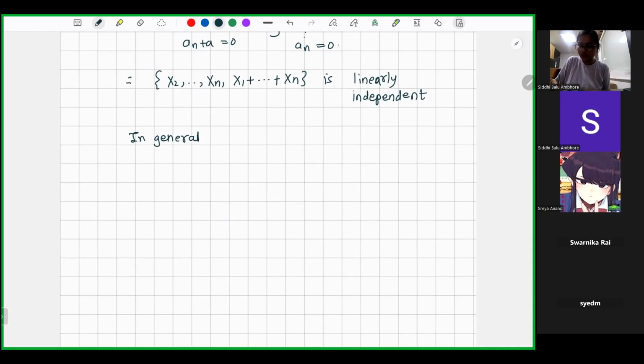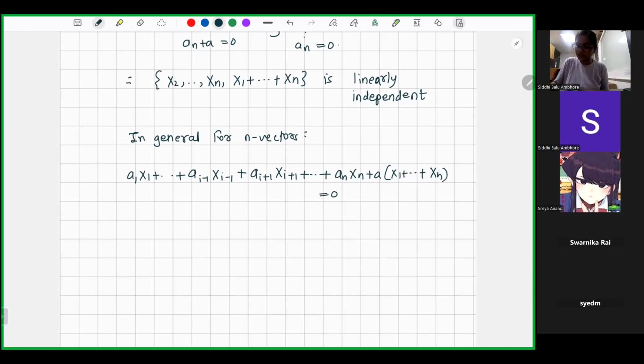In general, for n vectors, if I take a1x1 up to a(i minus 1)x(i minus 1) plus a(i plus 1)x(i plus 1), and so on up to anxn, plus a times x1 plus up to xn.